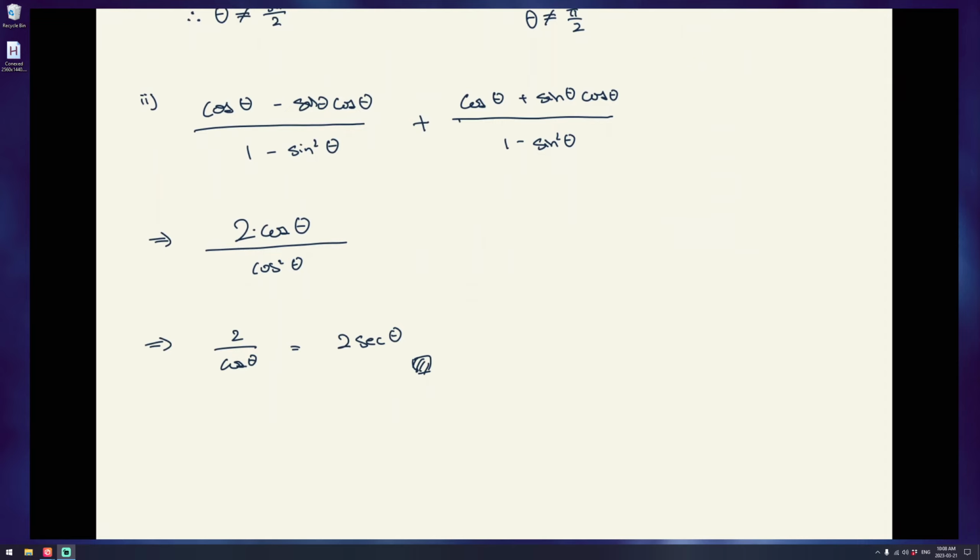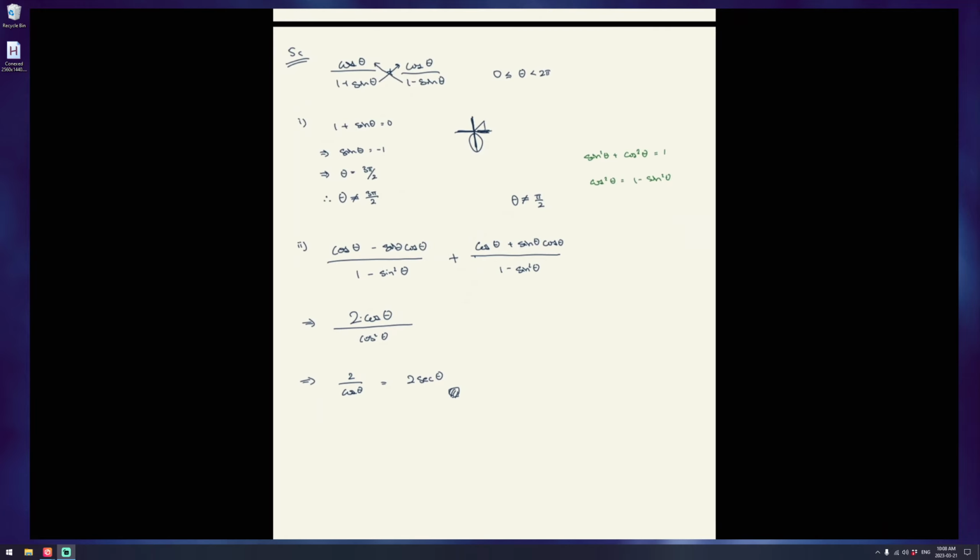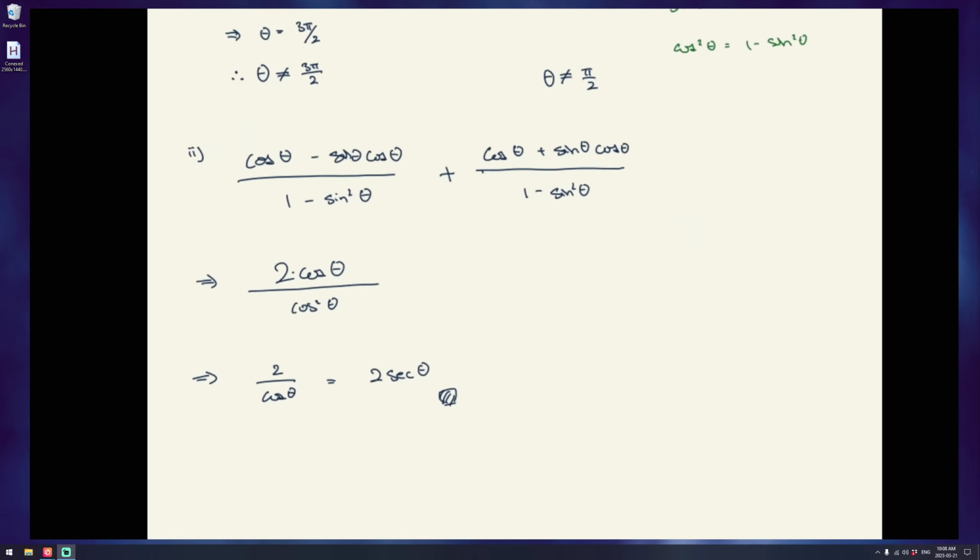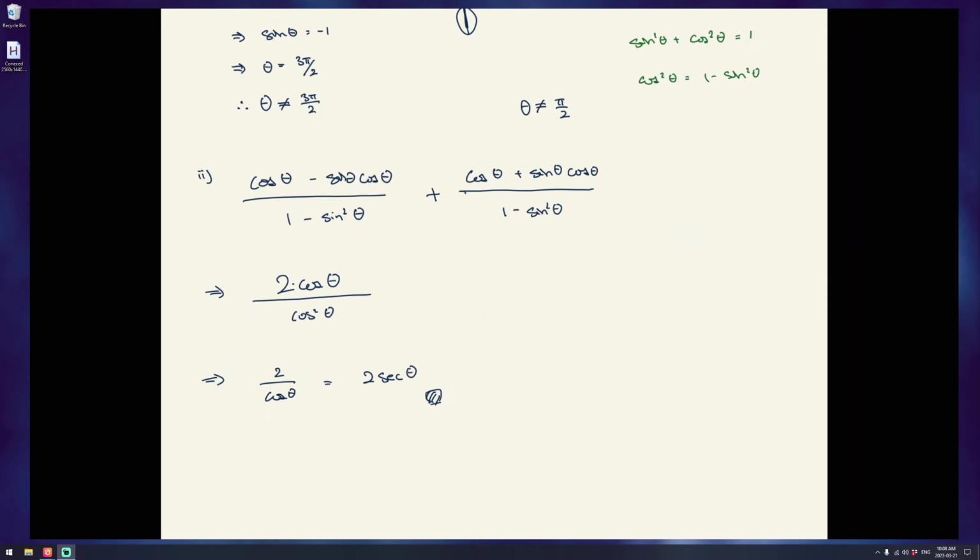Now might be a good time to just again reflect on our domain, which is to say, okay, at some point we got to here, right? Which is the same thing as this. Notice how near the last step we can think about, okay, can I have cosine of theta equal to 0? No, I can't, right? So that means we also have to take that into account.